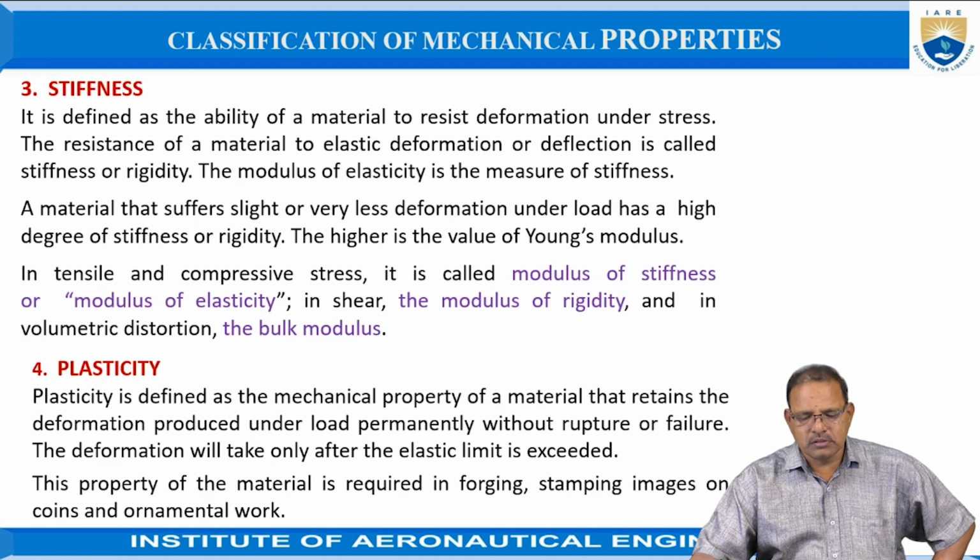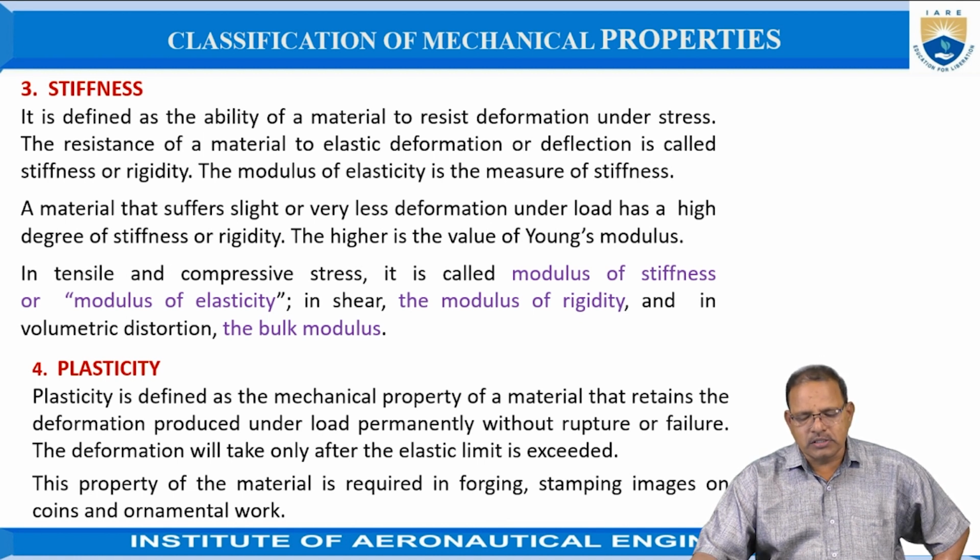Stiffness. The stiffness is defined as the ability of the materials to resist deformation under stress or load. The resistance of the materials to elastic deformations or deflection is called stiffness or rigidity. The modulus of elasticity is the measure of the stiffness of a material. A material that suffers slight or less deformation under the load has a high degree of stiffness or rigidity.